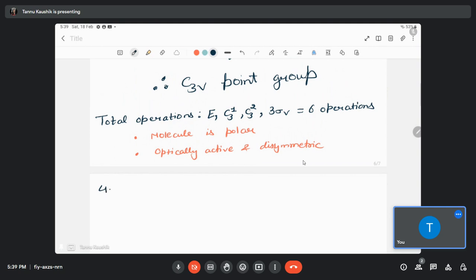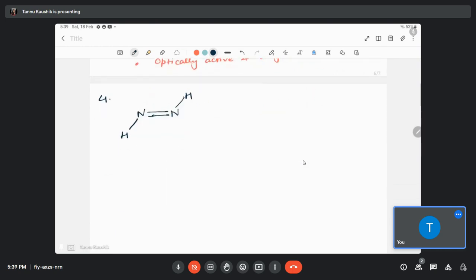So the next example is N2H2. So we will check again whether this molecule is linear. The molecule doesn't look like it is. So the molecule is not linear.